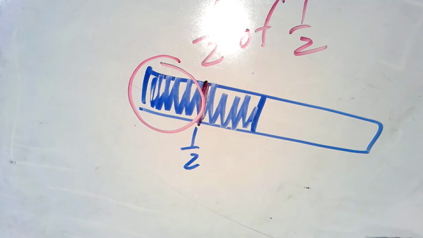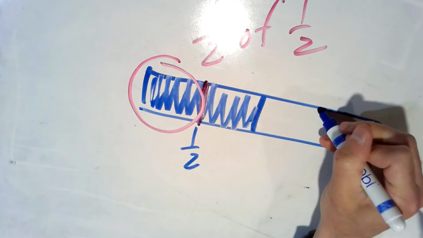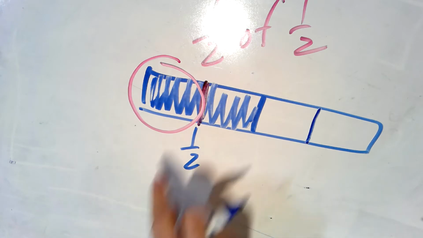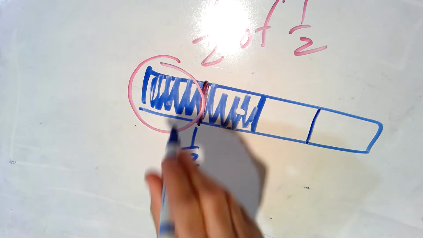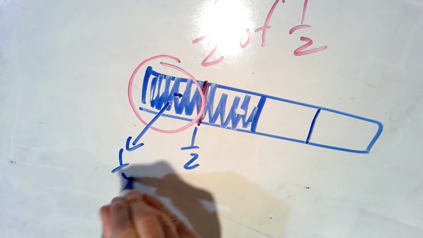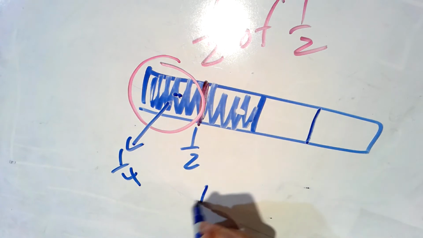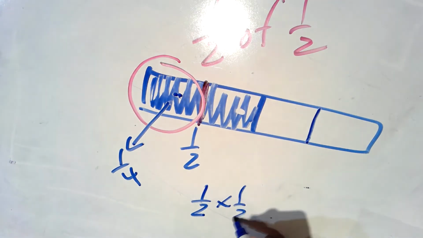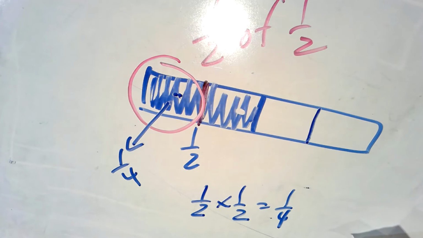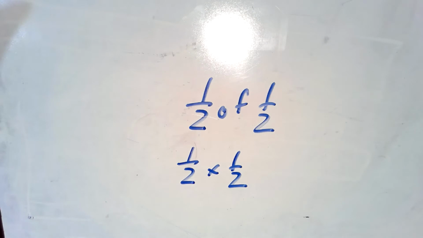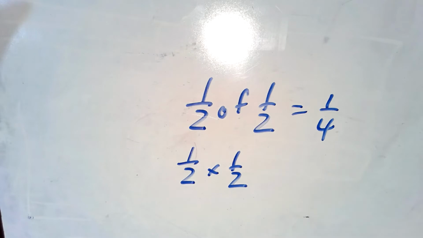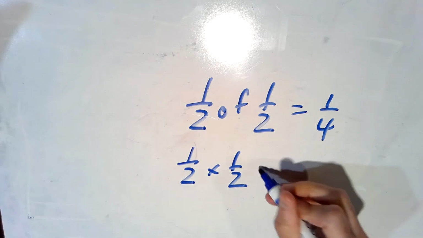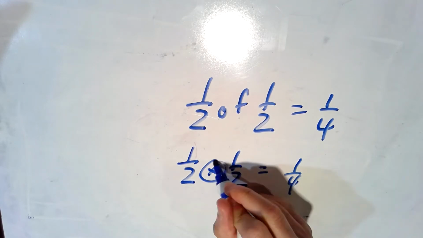If I cut the other half in half as well, so we'd have equal pieces, there'd be 1, 2, 3, 4 equal pieces. Half of 1/2 is this amount right here, which is 1/4. So half of 1/2, or 1/2 times 1/2, is 1/4. So we could say 1/2 of 1/2 is 1/4. We could also say 1/2 times 1/2 equals 1/4, because times is the same as the word of.